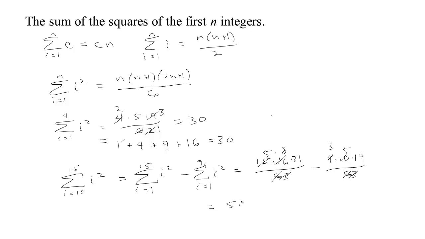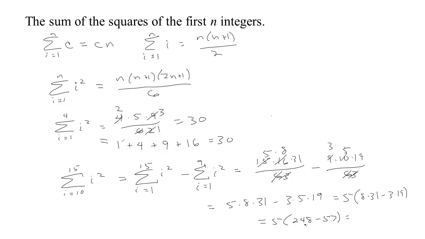So 5 times 8 times 31 minus 3 times 5 times 19, and then we can pull out our common 5, and we have 8 times 31 minus 3 times 19. And 8 times 30 would be 240, so we have 248, because we're taking 8 times 30 and 8 times 1. And 3 times 19, that's going to be 57.